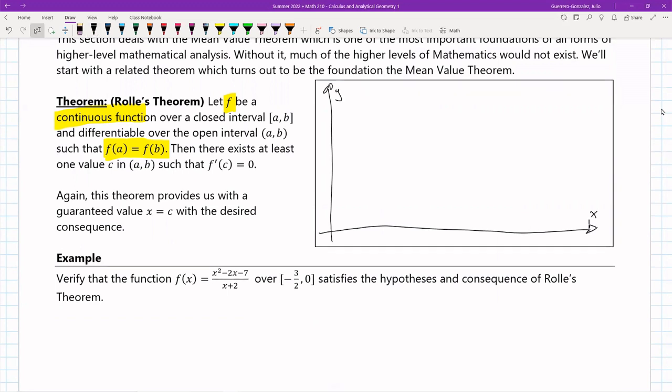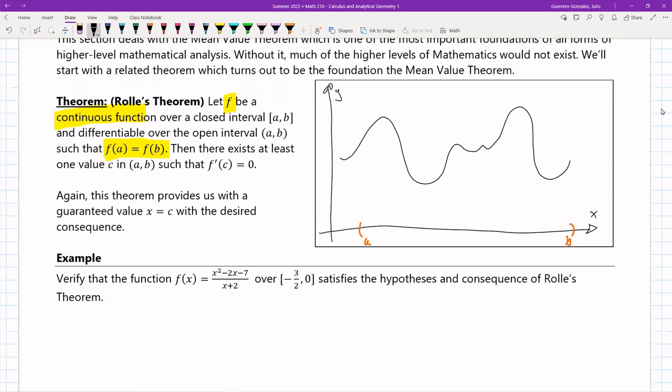Y and X. So the first thing I'm going to do is try to draw a continuous function over a closed interval [a, b], and that's differentiable. That's basically going to mean that you can take the derivative of it over an open interval (a, b), such that f of a is equal to f of b. So I'm first going to call my a and my b. So this is my a, and this is my b. I'm going to draw a squiggle.